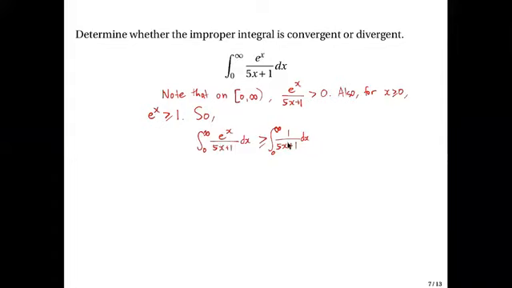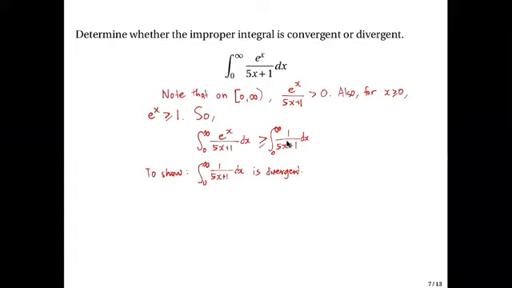Take note that this is positive, because 1 over 5x plus 1, where x is from 0 to plus infinity, is a positive number. So we show that the integral from 0 to plus infinity of 1 over 5x plus 1 dx is divergent.